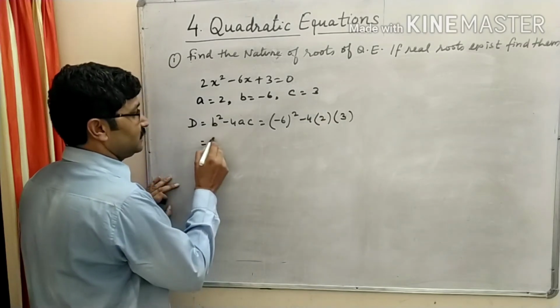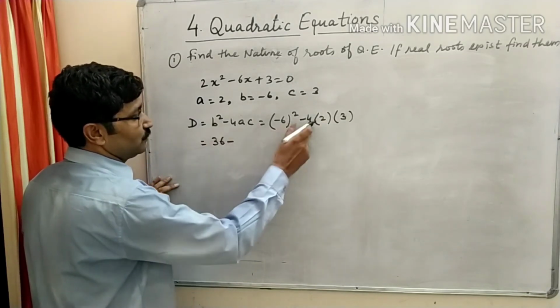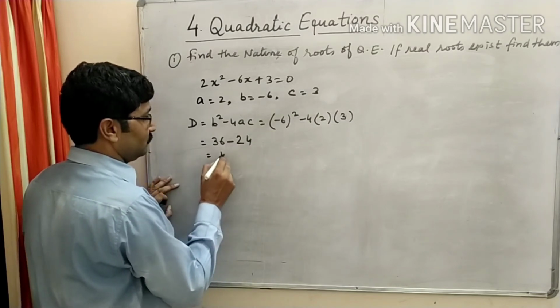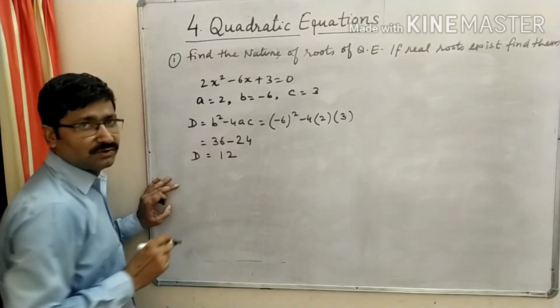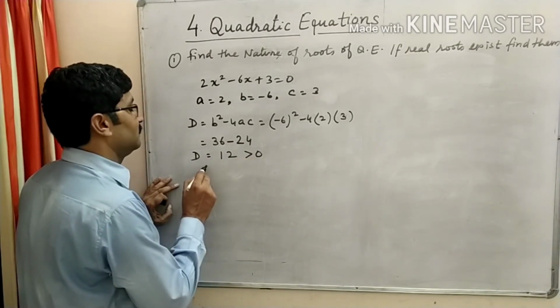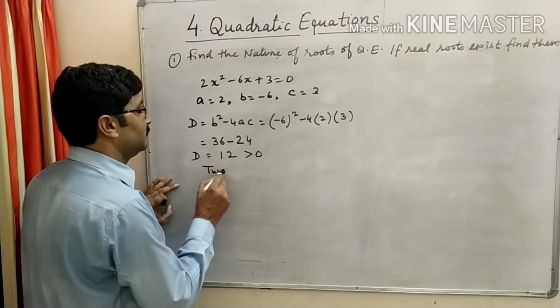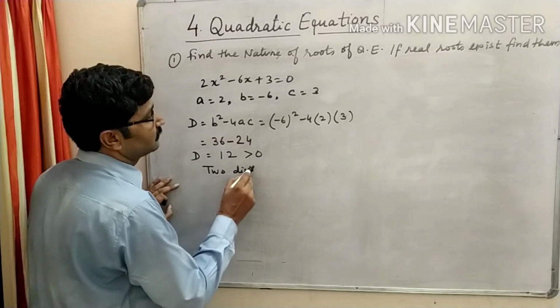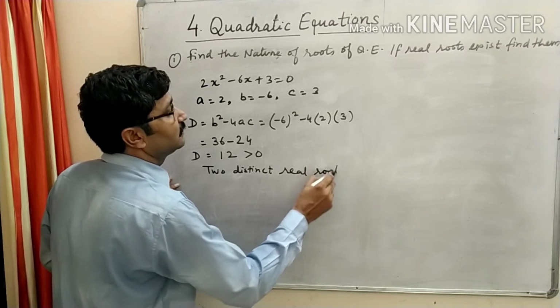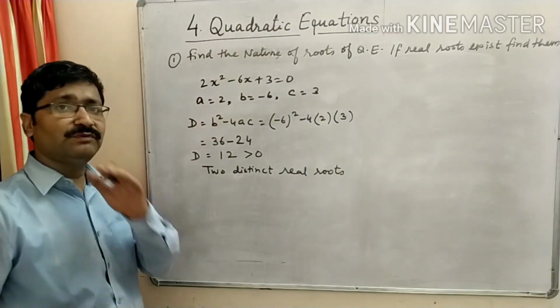Minus 6 square is 36, minus 4 times 2 times 3 is 24. You subtract these, you get 12. So the discriminant is 12. 12 means greater than 0, which means two distinct real roots.